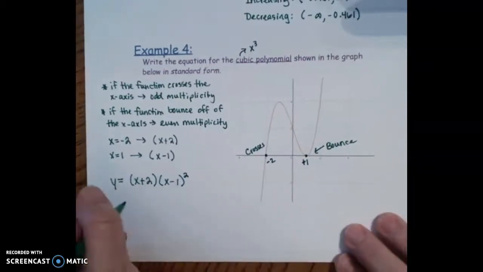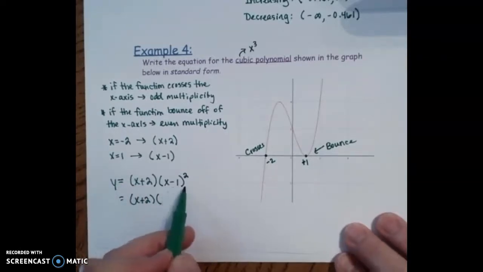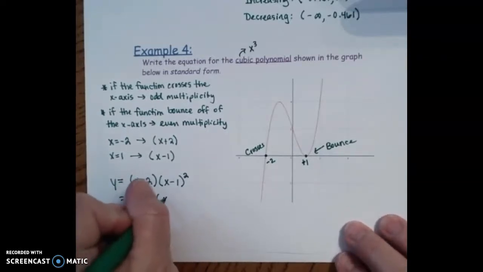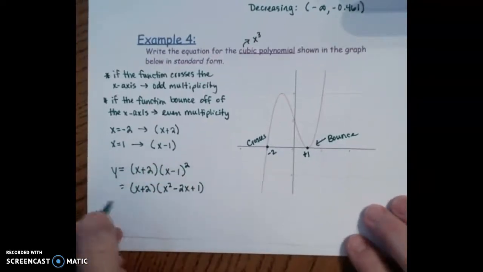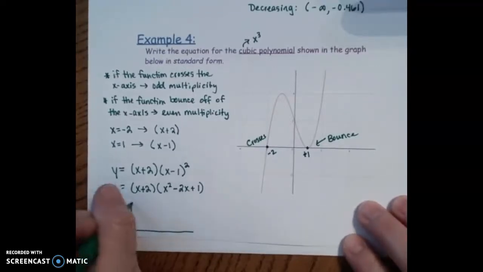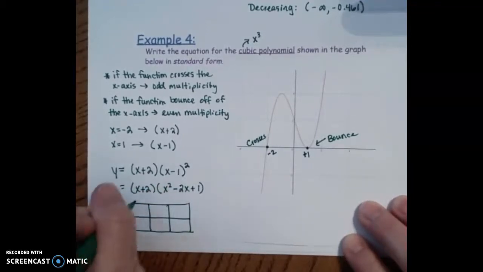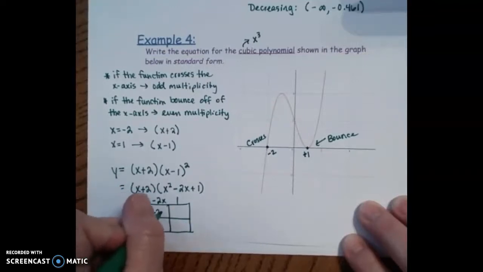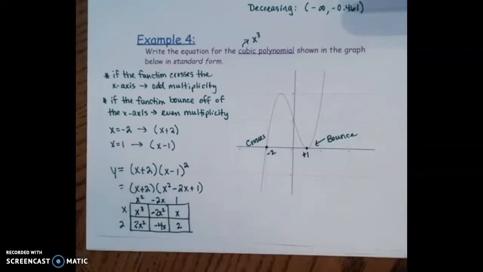So now we want to multiply that out. That's going to be x plus 2 times, and you can use your shortcut, you can FOIL, you can distribute, you're going to get x squared minus 2x plus 1. Then you can distribute, box, whatever you like to do. I'm going to box. So we'll have x to the third, -2x squared, and x on our first row, 2x squared, -4x, and 2 on your second row.